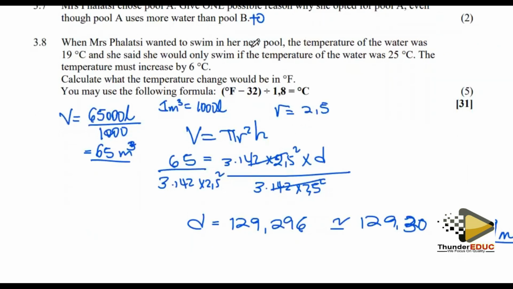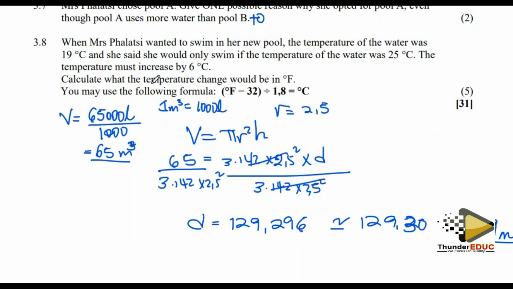When Mrs. Bahati wanted to swim in the new pool, the temperature of the water was 19 degrees Celsius, and she said she would only swim if the temperature of the water was 25 degrees Celsius. The temperature must increase by 6 degrees Celsius.